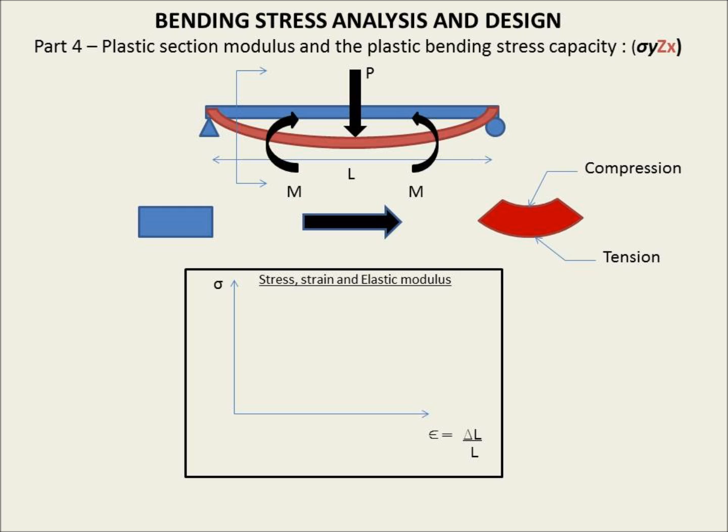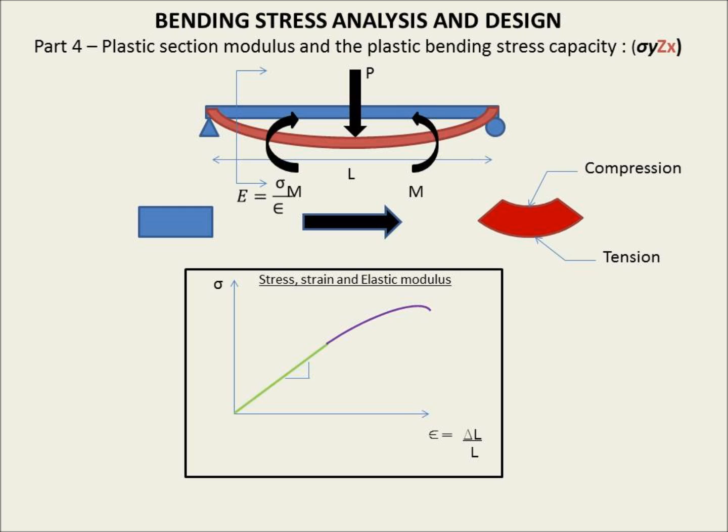So if you apply pressure to something, a tensile stress or compressive stress, you change its shape. And we can plot, as you can see here, on the vertical axis, stress denoted as sigma and strain denoted as epsilon.